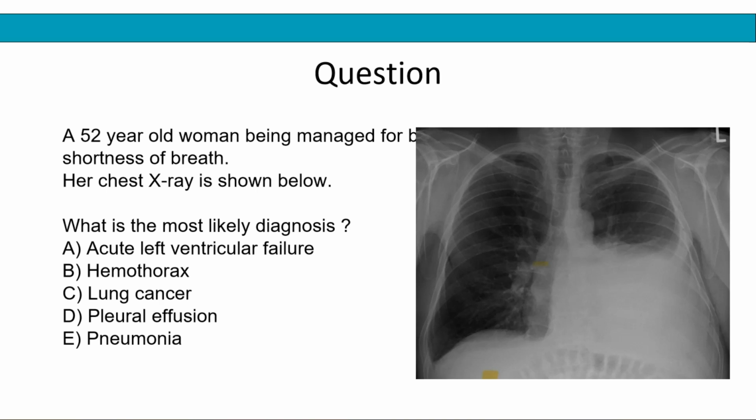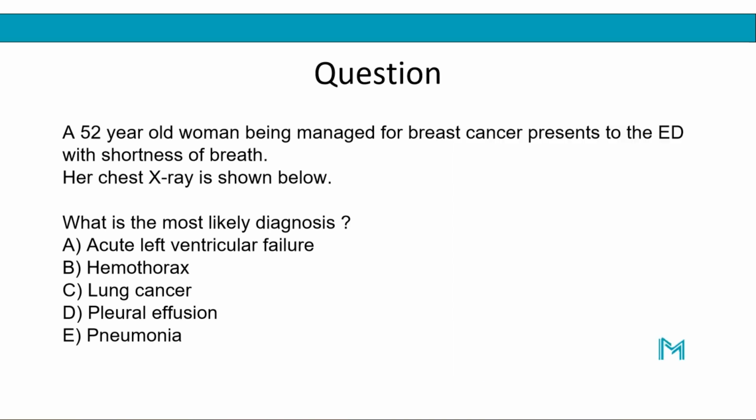So, we are going to go through the stem of the question, pick up the salient points, and then we'll try to read the image of the x-ray, put the findings together, and come back to see if we can make the diagnosis. So the stem of the question, let's see which points here are relevant. 52-year-old woman, well, she's almost elderly, and we are told she has breast cancer and presents to the emergency department.